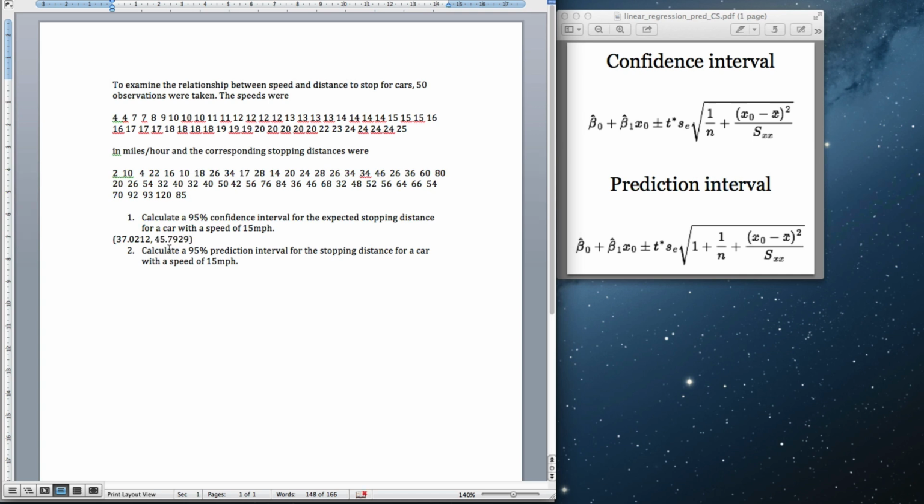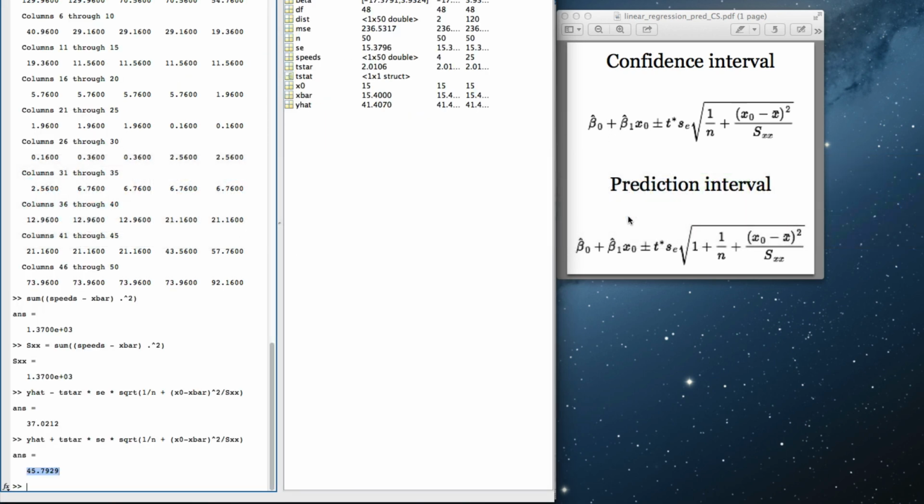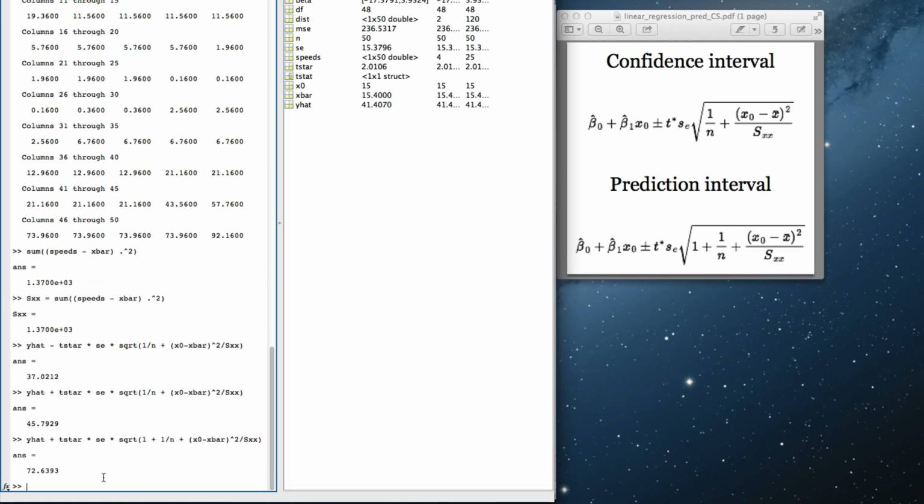Now the prediction interval is going to be pretty well exactly the same, but I have an extra 1 in here, so I can basically use the up arrow key and put in 1 plus, and do the same thing but minus.